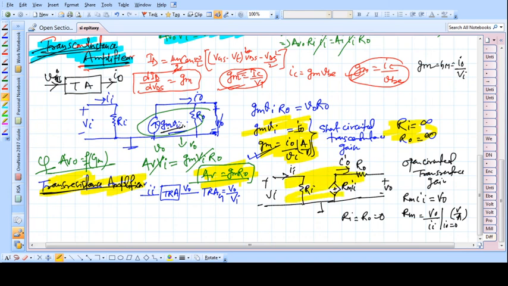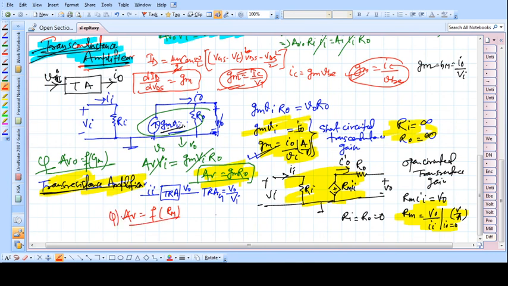This one is the circuit and the formula for Rm, V naught by Ii. Suppose we have to write the relationship with the voltage amplifier. So in this case also we can write the relationship between the voltage amplifier Av and Rm, the trans resistance gain.